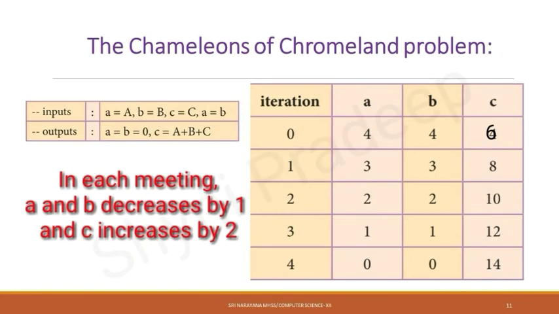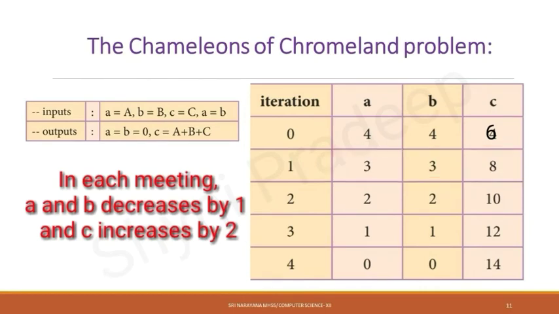Because if one red chameleon and one blue chameleon meet, they change their color to green. So one red chameleon decreases and one blue chameleon decreases, they both change to the third one, that is green, so two green chameleons increase. So in iteration 1, A becomes 3, B becomes 3 and C becomes 8.